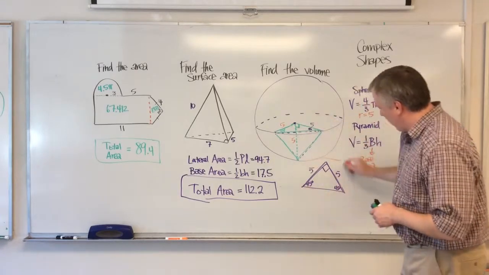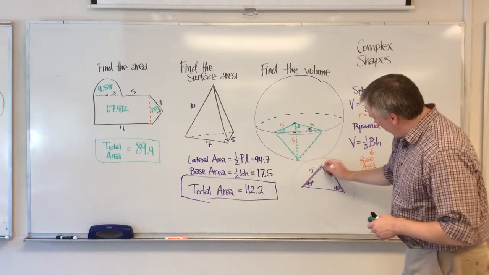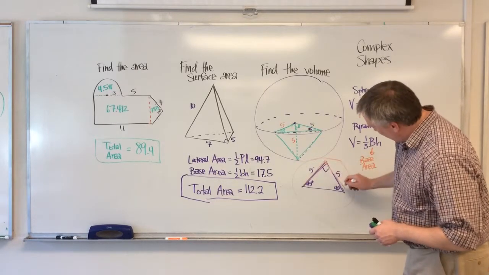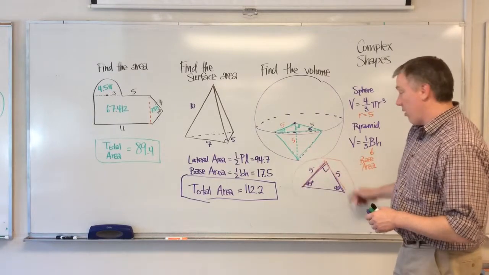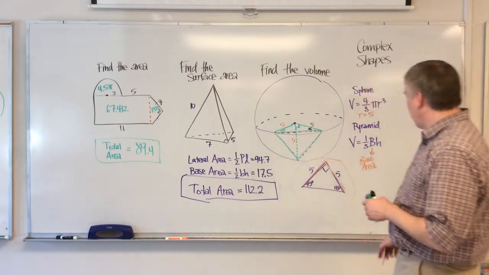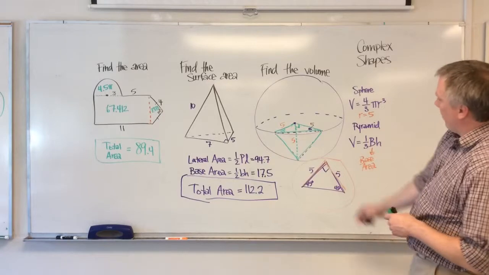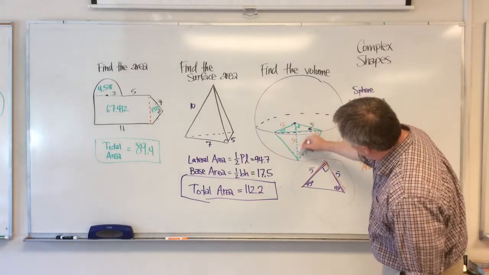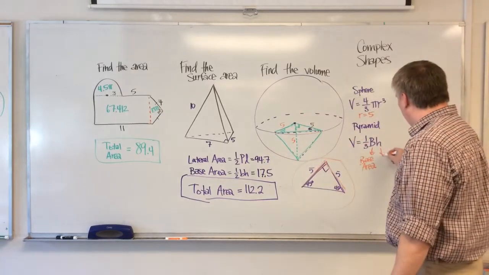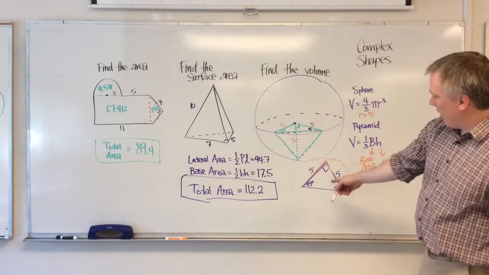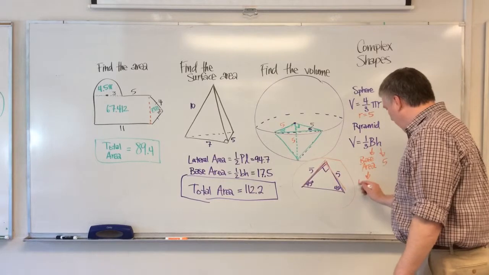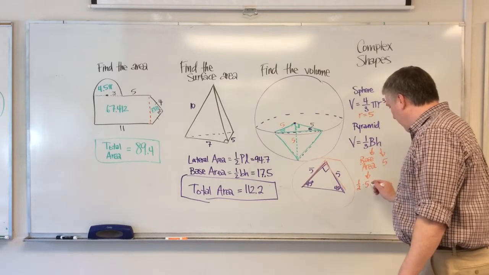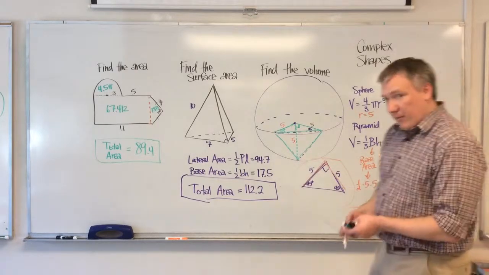That's this right here. And you can see we have a right triangle, so we can actually calculate the area using this as our base and this as our height, or vice versa. And then the height of the pyramid, which is the perpendicular height, which we already know is 5. So h is 5. The base area here is 1/2 times 5 times 5, because it's 1/2 base times height.